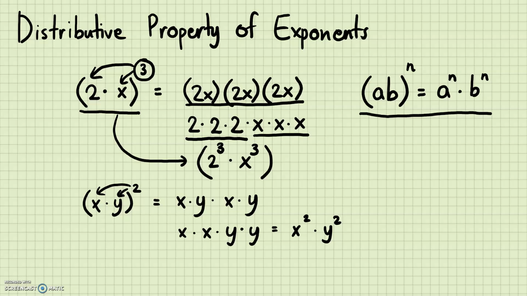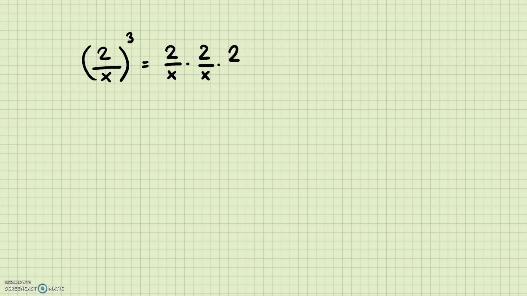Now, there's another part to this property. Let's say we have, instead of a product of two terms, a quotient. Let's clear our screen here. So you have 2 over x this time, and that is being raised to the third power. How can you simplify this? Well, we can rewrite this as 2 over x times 2 over x times 2 over x.